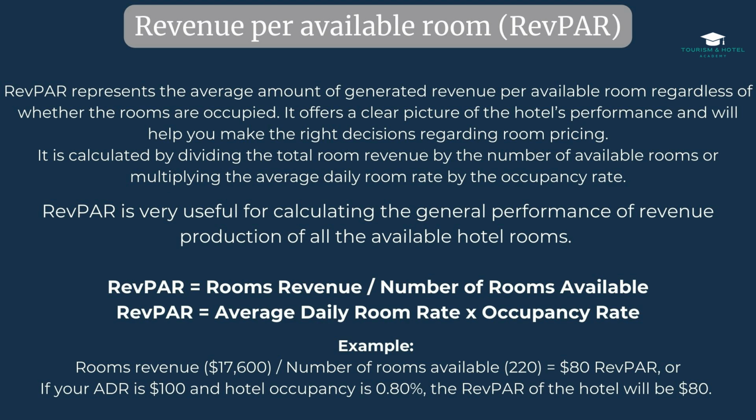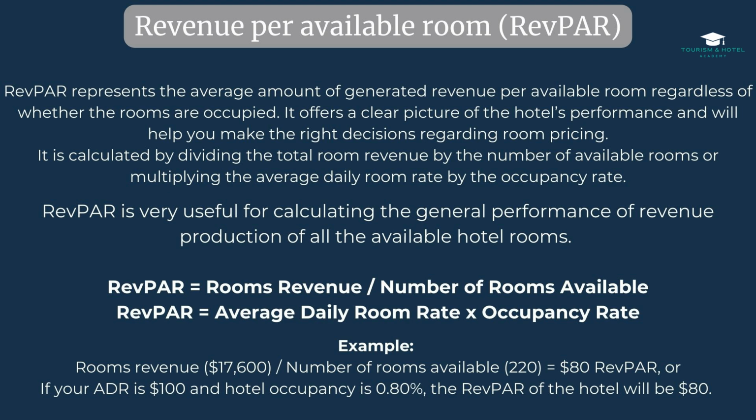RevPAR is very useful for calculating the general performance of revenue production of all the available hotel rooms. So, RevPAR equals rooms revenue divided by the number of rooms available, or RevPAR equals average daily room rate times the occupancy rate.